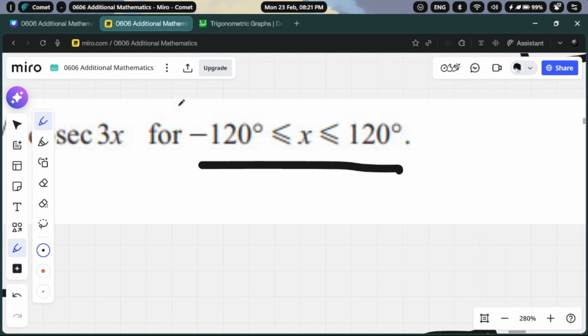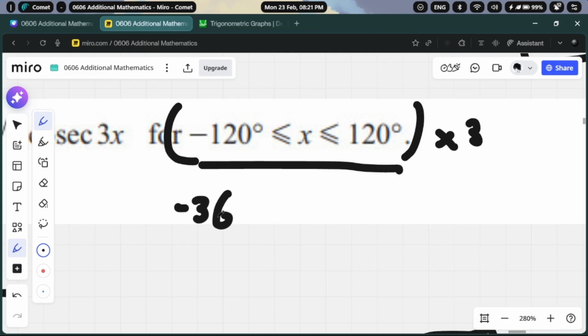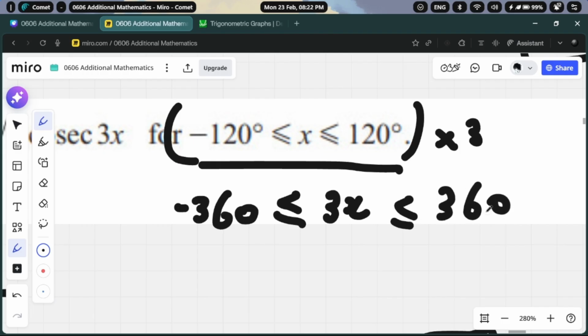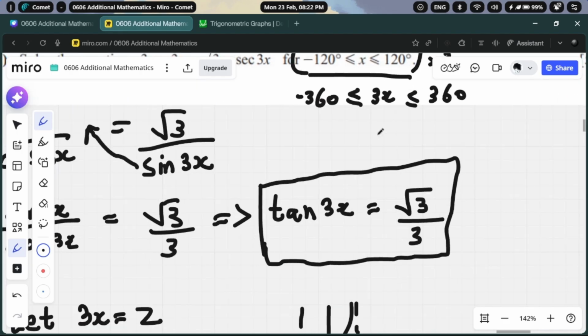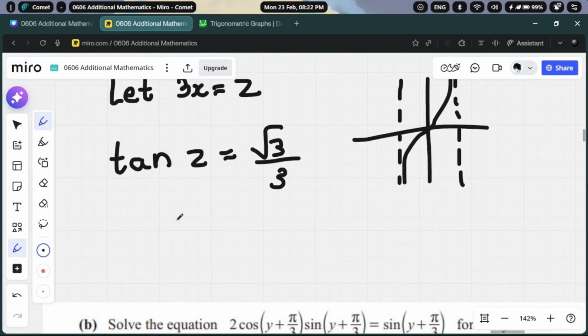So you'd multiply the entire thing by 3 first of all. So you get minus 360 as the least 3x can be, and then the maximum it can be is 360. So you get the new domain as z is greater than or equal to minus 360 and less than or equal to 360.